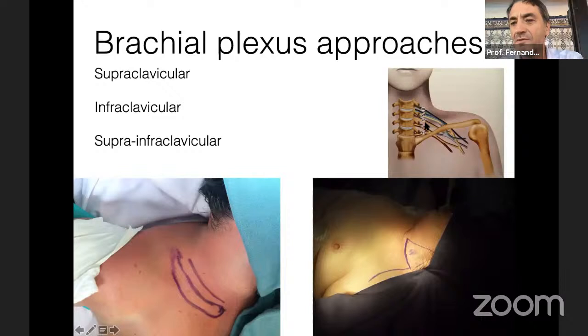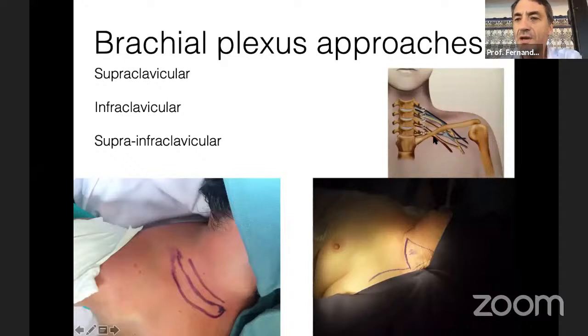The spinal nerves form the trunks of the brachial plexus, superior, middle, and inferior. We can locate spinal nerves and trunks above the clavicle, and divisions of the trunks and the cords are located behind the clavicle.